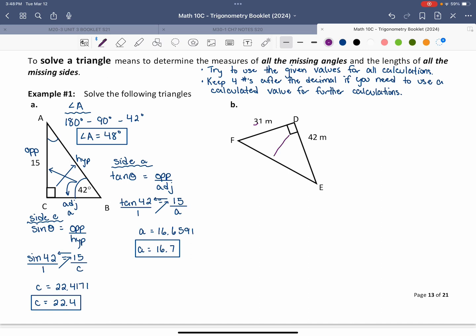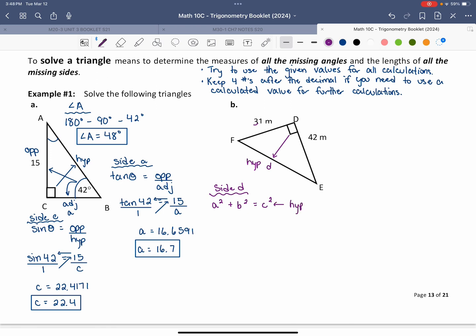The third side in this case is the hypotenuse because it is across from the right angle, and it would be called lowercase d. So side d, using Pythagorean, which is a squared plus b squared equals c squared, where c is the hypotenuse.